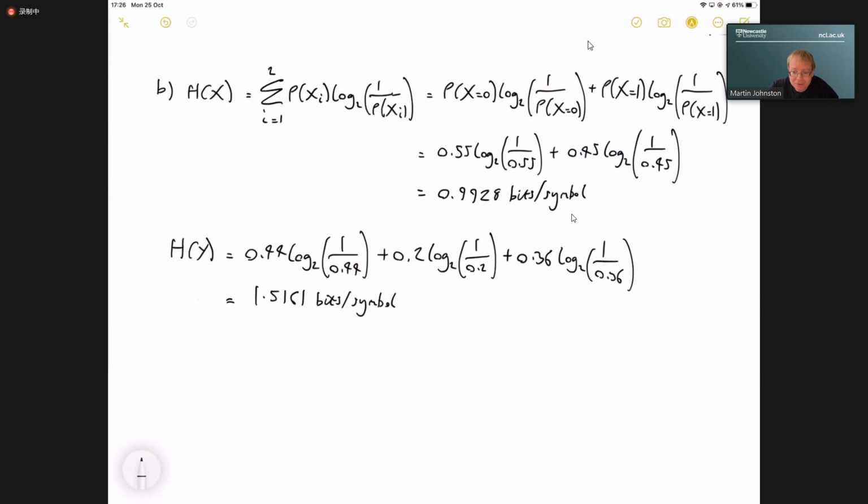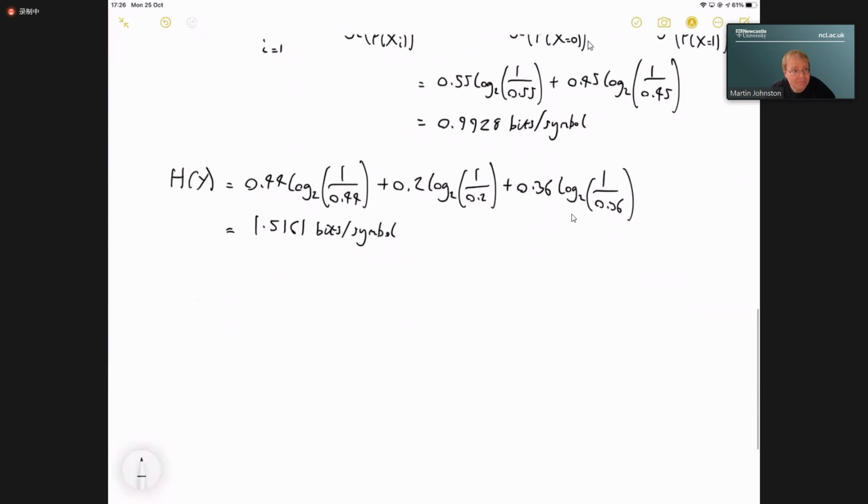Now the next part is to calculate the backward transition probabilities. Part C. So we calculate the probabilities, and we use Bayes' rule to calculate those.